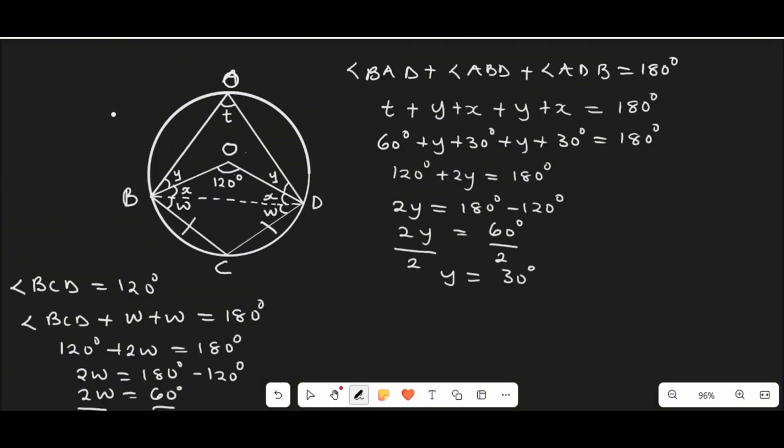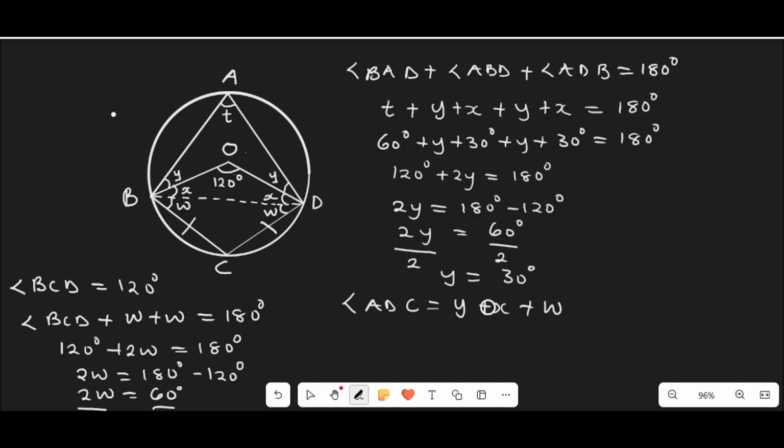So our angle ADC is the summation of y, x, and w. Angle ADC equals y plus x plus w. The value of our x is 30 degrees, the value of our y is 30 degrees, and the value of our w is 30 degrees.